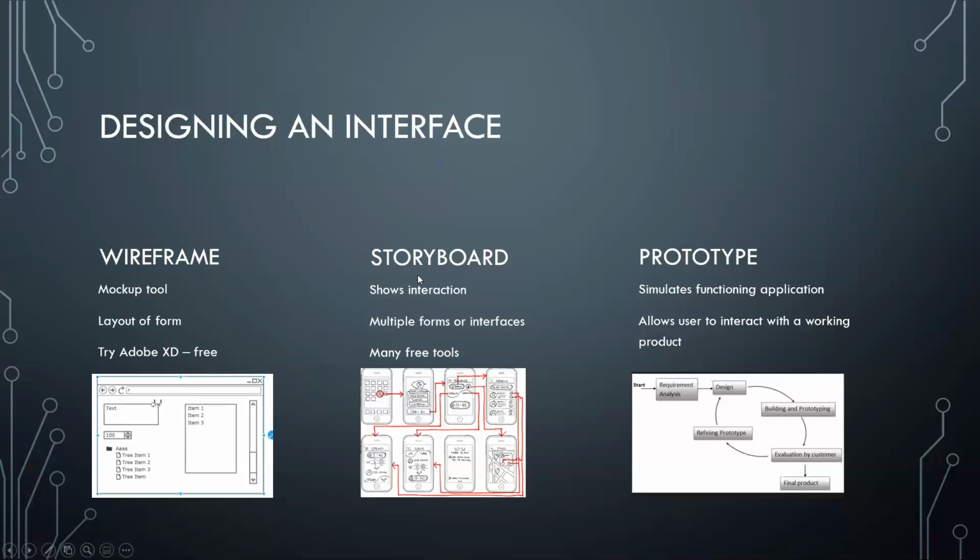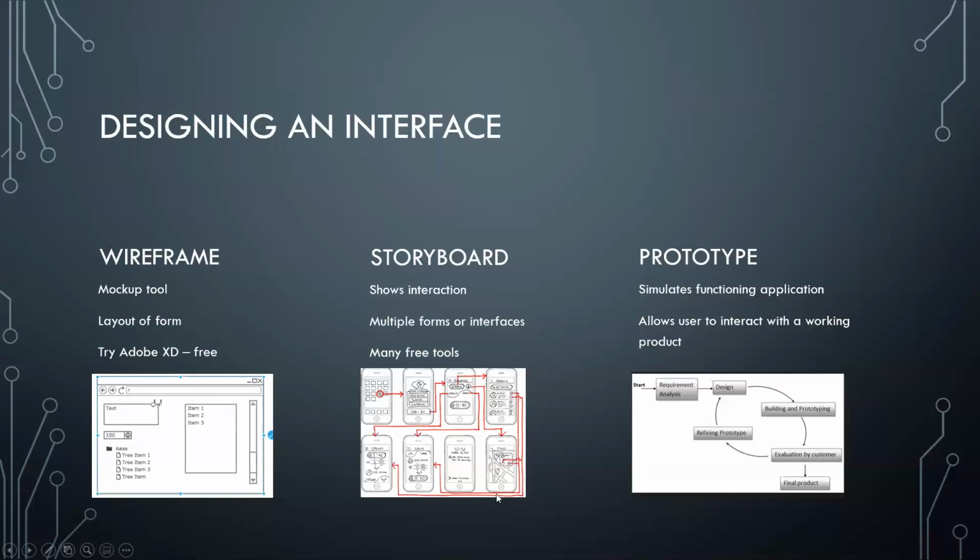Next, a storyboard. A storyboard shows interaction. Whereas a wireframe is like a snapshot in time of this one particular form, a storyboard can show interaction between multiple forms. So for example, in this picture that I found here, if you click this, a display is going to happen. If you click this button, it's going to bring up another display that's going to have some spots that you can click.